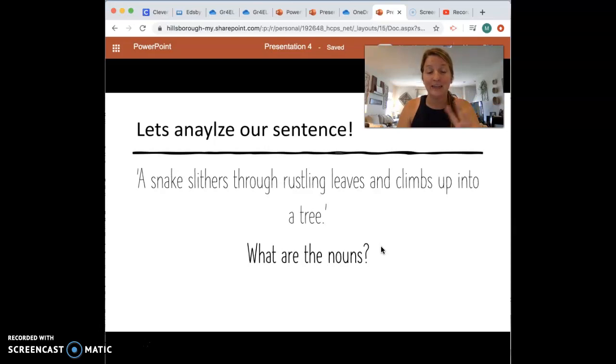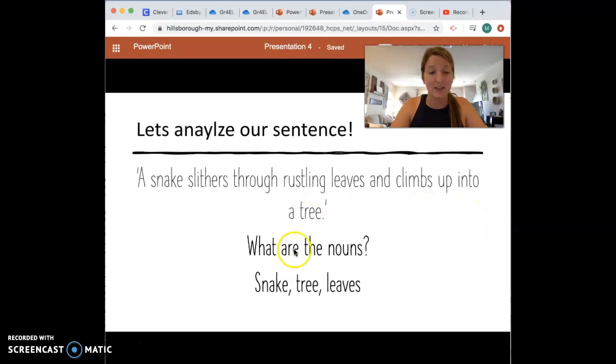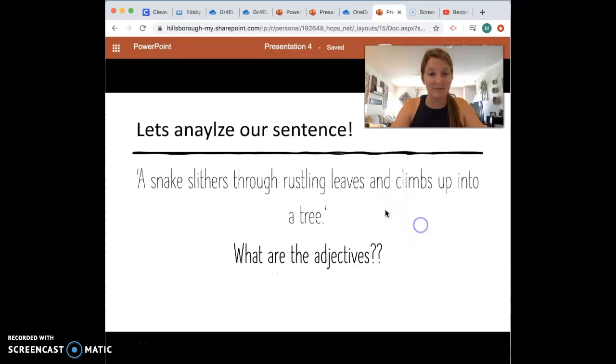There are 3. Okay, so hopefully you wrote that on a sheet of paper or told a family member sitting next to you. All right, so the nouns are the snake, a tree, and leaves. So person, place, or thing. When we talk about nouns, we are identifying the person, place, or thing.